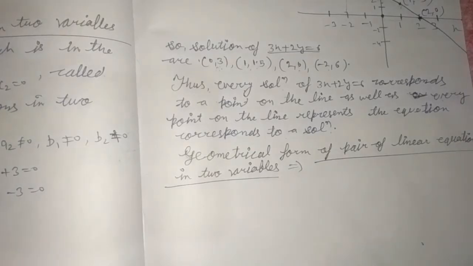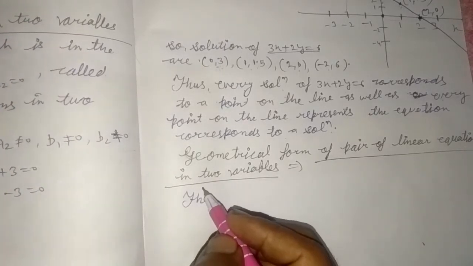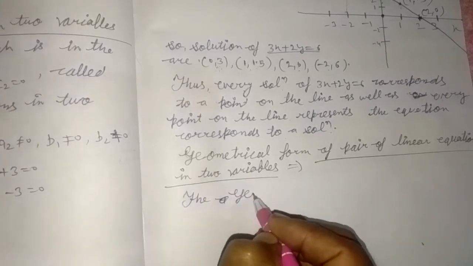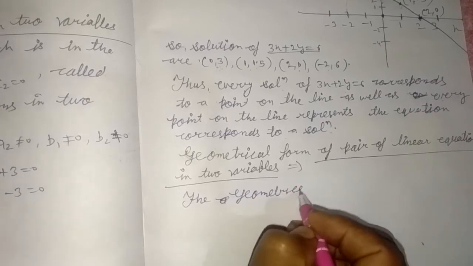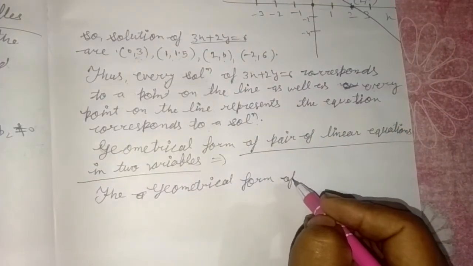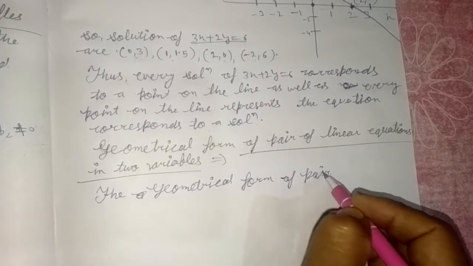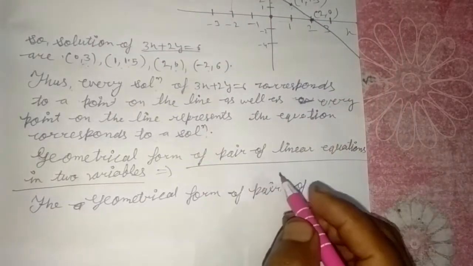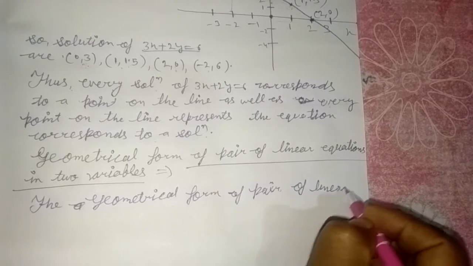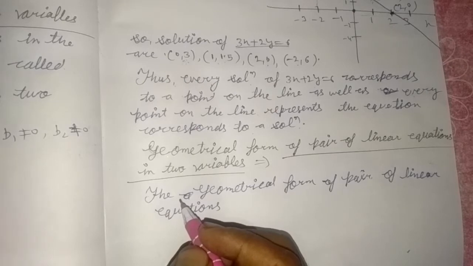So for explaining this definition, we write here the geometrical form of pair of linear equations in two variables.